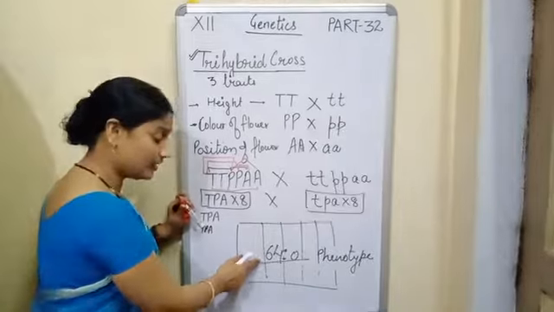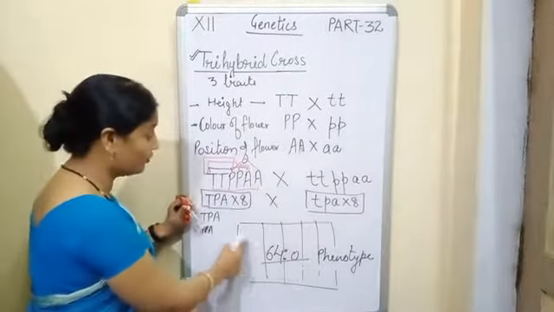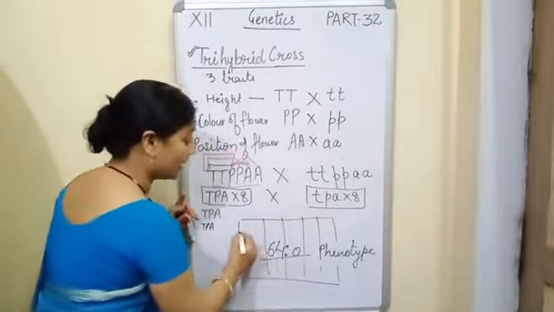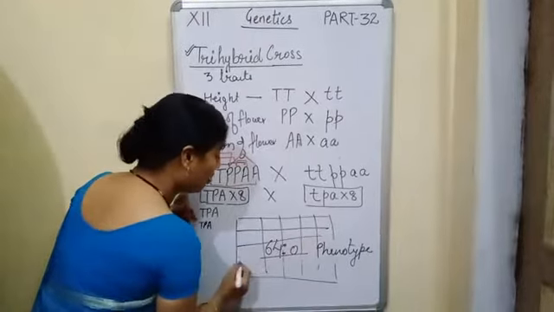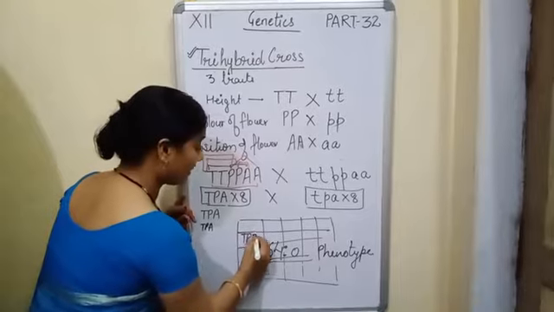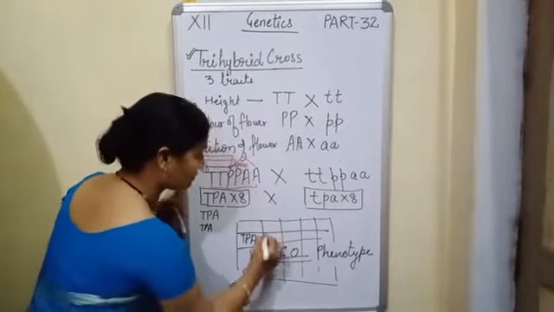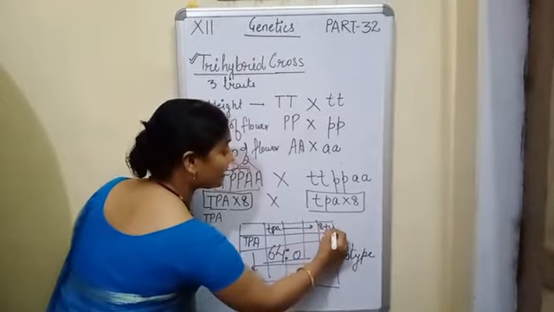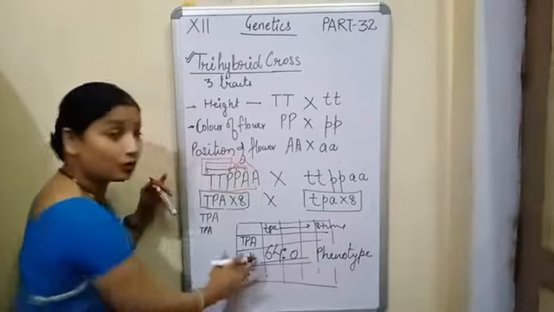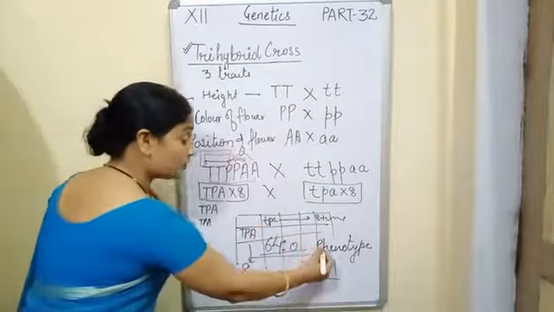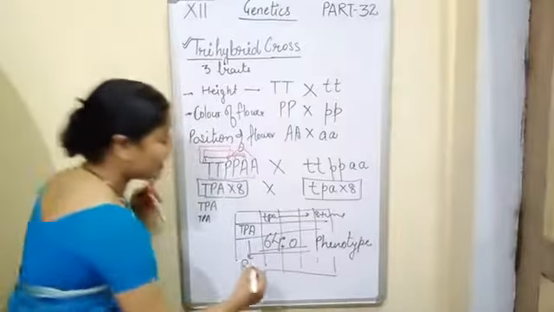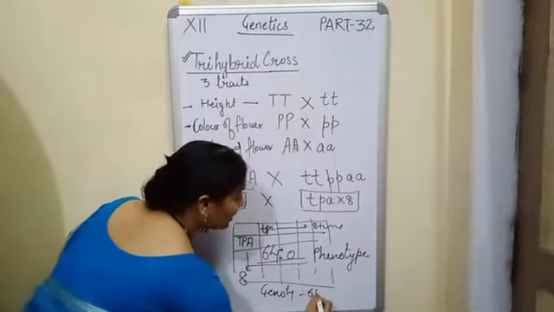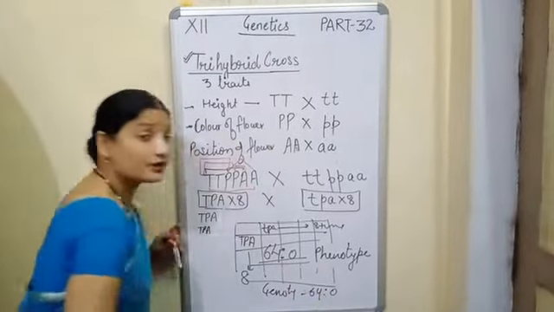In the same way here the result will be 64:0, because this 8 times TPA will be multiplied by 8 times small tpa. Like this 8 times TPA, like this 8 times. Total 64 we will get. So phenotypic ratio will be 64 and genotypic ratio will also be 64:0.